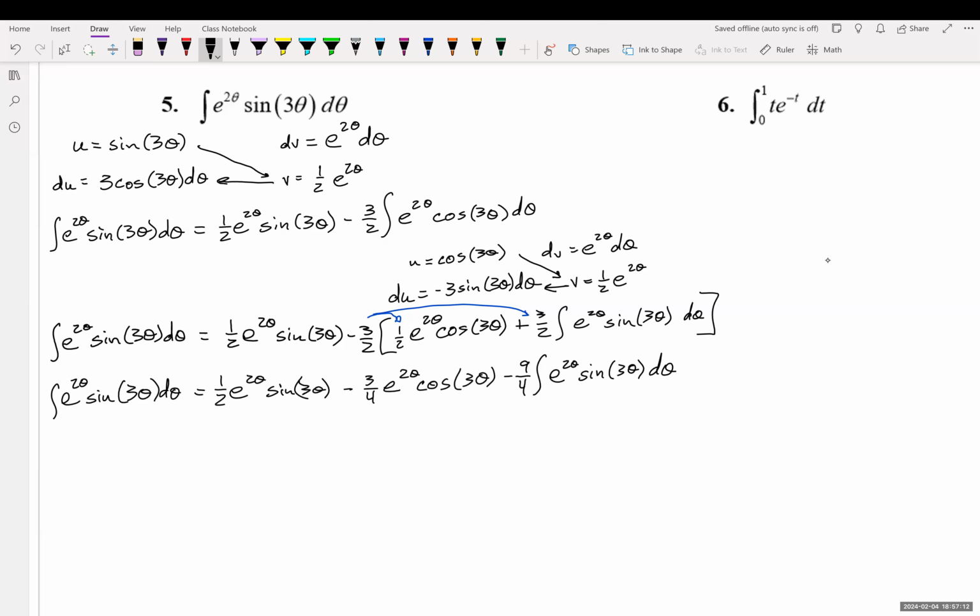And now we're in a really good place, because if you look at this term here, this whole thing, it's an integral of e to the 2 theta sine 3 theta d theta. And that's like terms with this guy here. So we're actually going to add this purple term over to the other side.